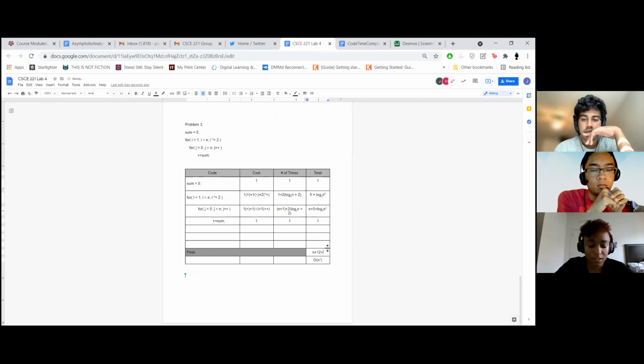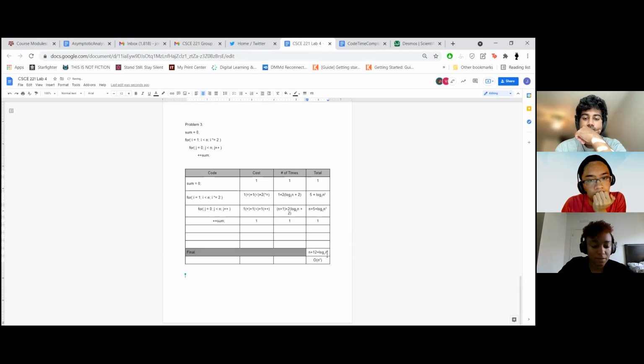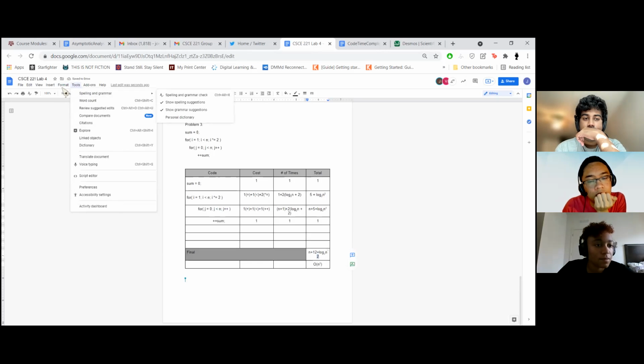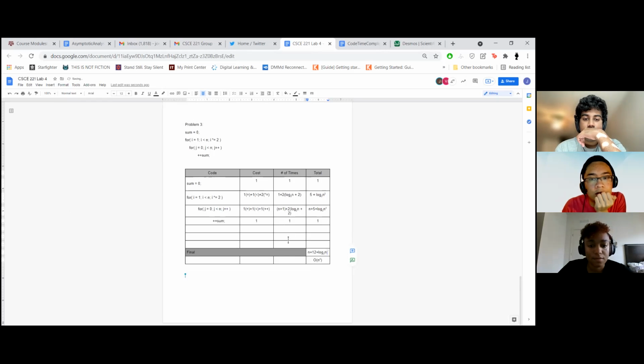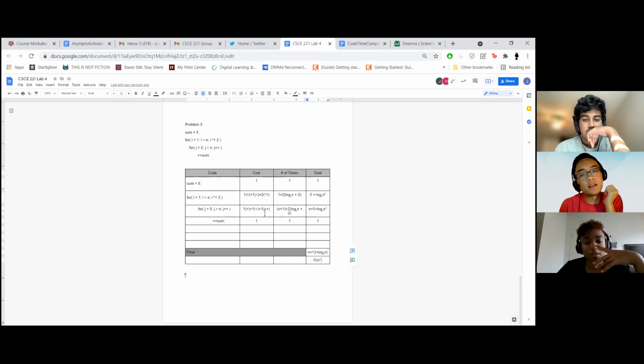Is it going to be? Never mind. The one on the left, where it's n plus 1 for the third row. Is it going to be n plus 1? Which row are we looking at? Oh wait, it doesn't depend on it, right?